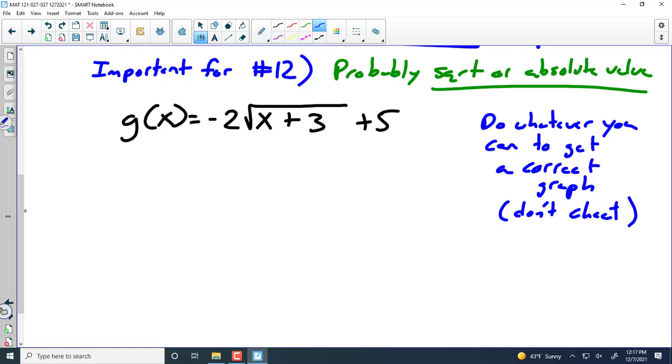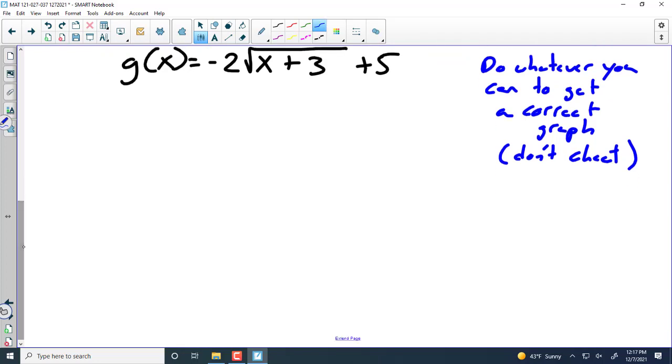Don't freak out and say, I cannot remember the exact way Steve did this, so I'm just going to leave it blank. Look at this thing and say, all right, I do not remember how Steve said to do this, but I can see that if I plug a 1 in here, 1 plus 3 is 4, and I can take the square root of 4 and I'll be able to get a good ordered pair. So do whatever you need to do to get that graph on there, even if it's not the way we learned it in class.